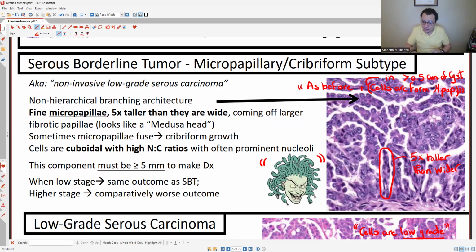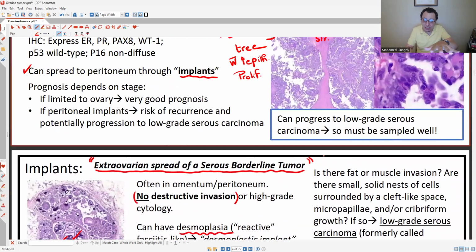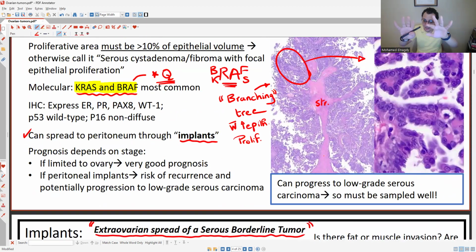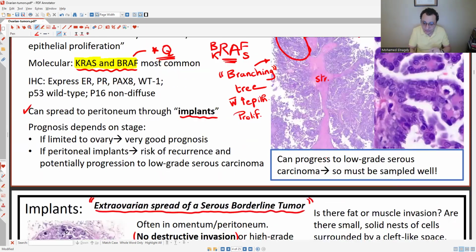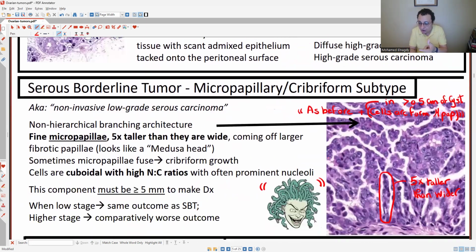However, in here, instead of having these branching tree-like proliferations of cells, the cells are proliferating in a micropapillary pattern or micropapillary architecture. You know what micropapillary architecture means? It means that the cells are forming pseudopapillae. These finger-like things are not true papillae; there is no fibrovascular core.